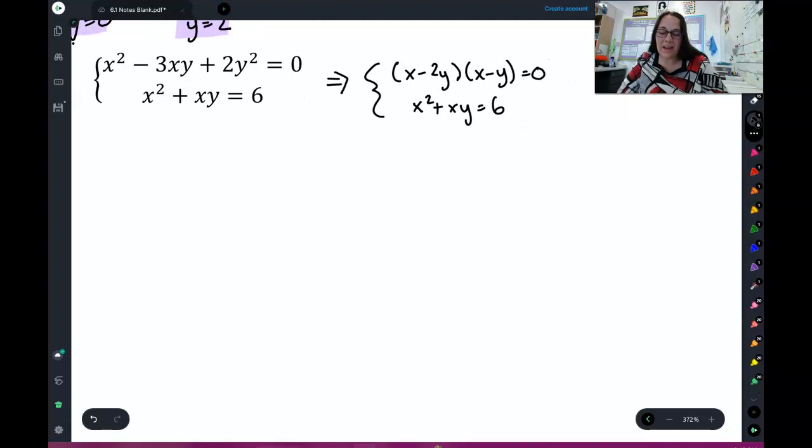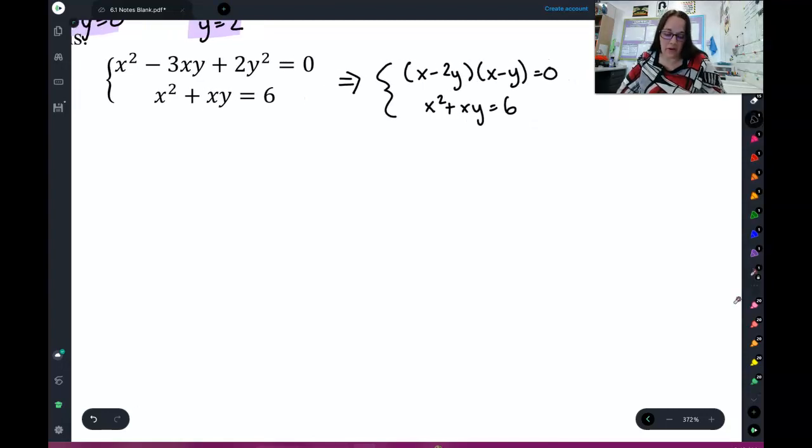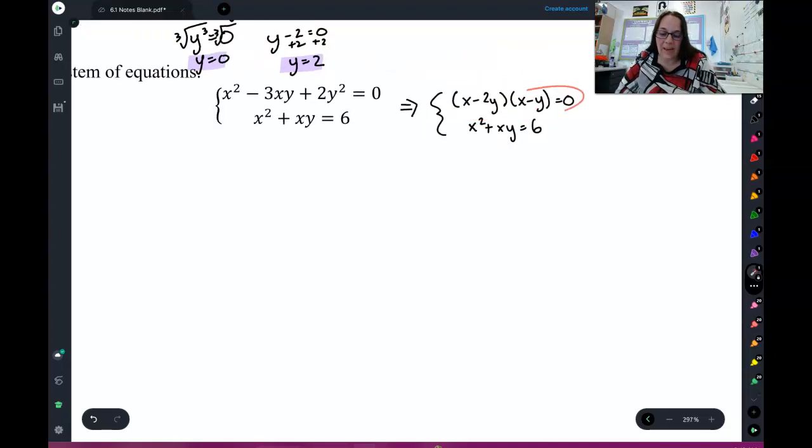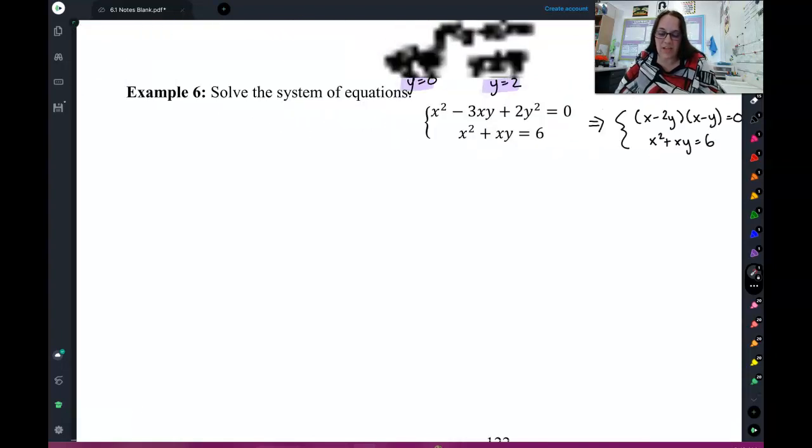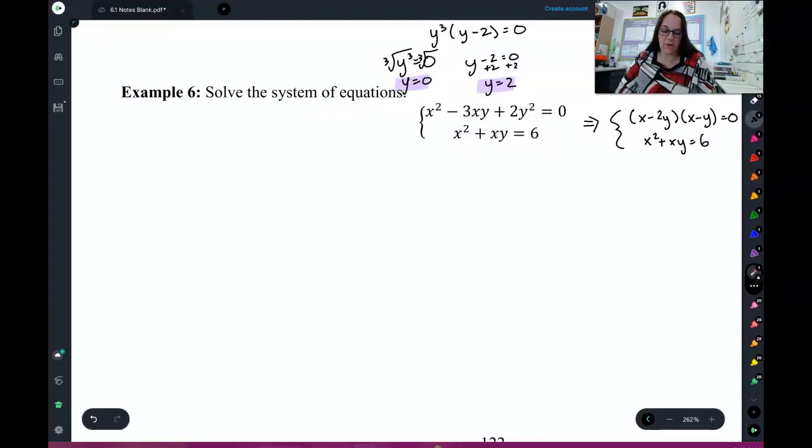Which is not an easy thing to notice right off the bat. But the reason we do factor it is because it equals 0, I can set each of those factors individually equal to 0. So I can say x minus 2y equals 0, and x minus y equals 0.